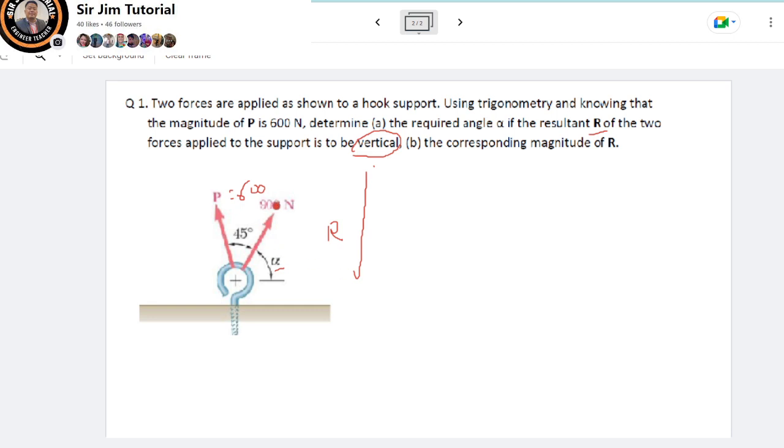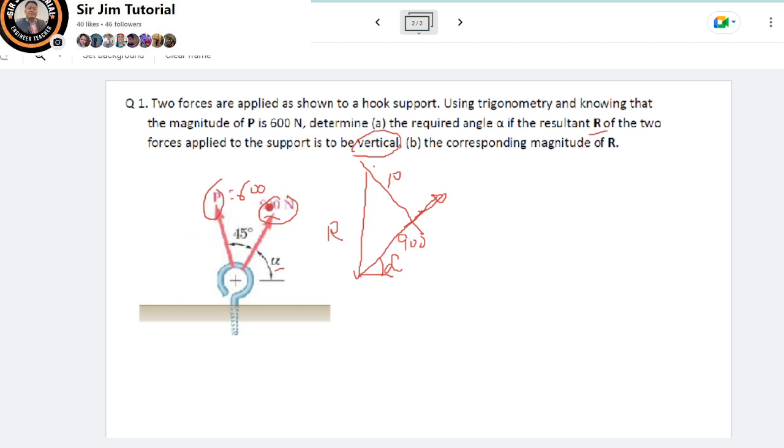Now if you are going to start with this 900, going here, it's 900, the angle is alpha, and then take note that P is going there, and between P and 900, this line 900 is going there.